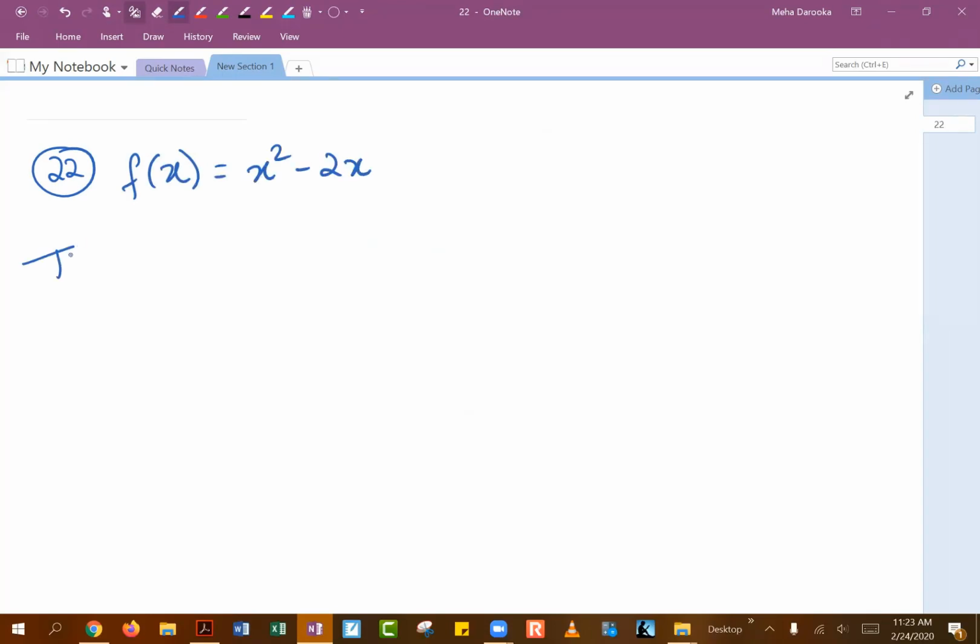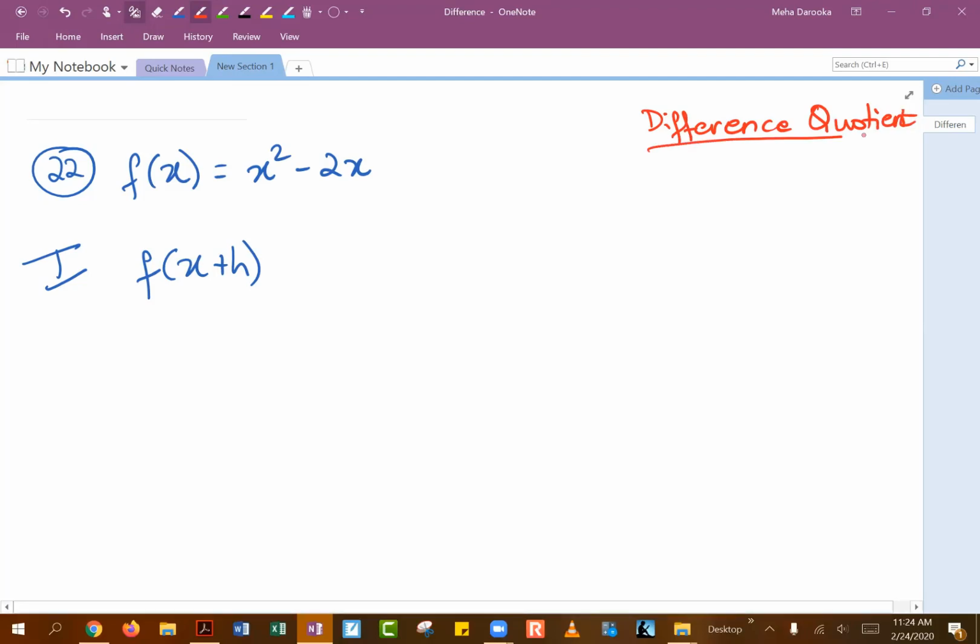So like I was saying, let's break it up into 3 parts. For the first part, we want to start with the x plus h. Remember, again, we are finding the difference quotient, which is f of x plus h minus the original f of x function, divided by h, right?